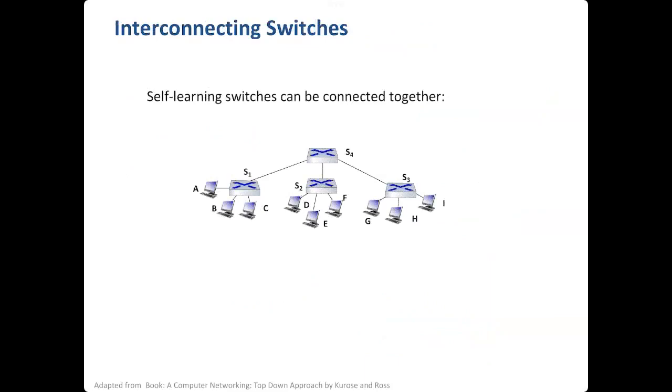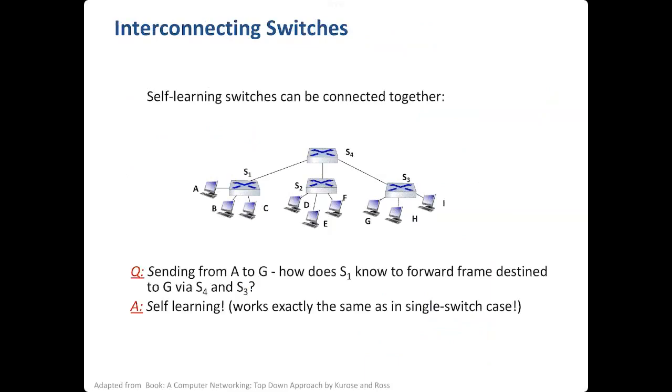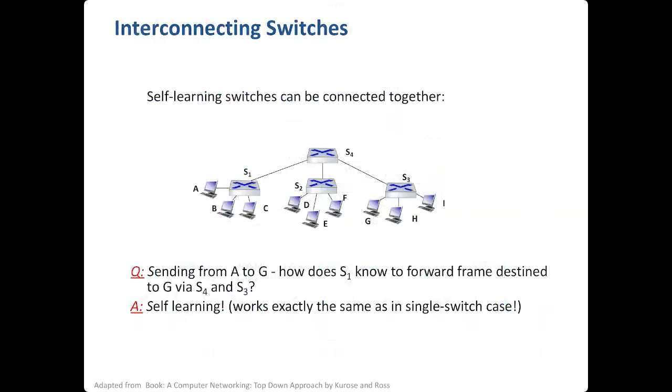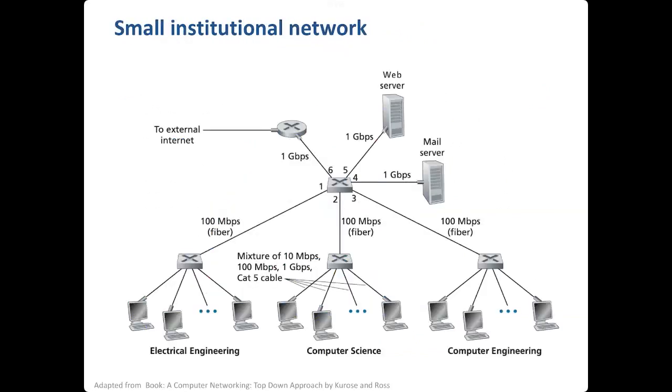Now these self-learning switches can be connected together in hierarchy, and the same protocol will work. Please go through this PPT, and then we'll learn. Now we are talking only about layer 2.